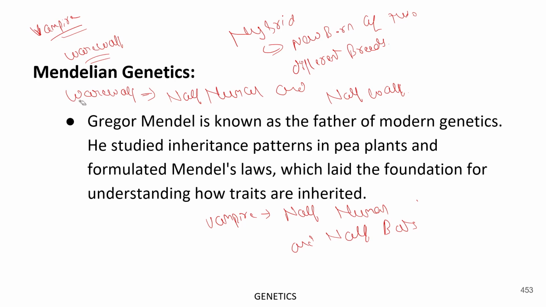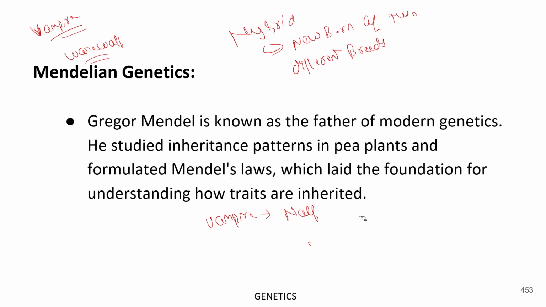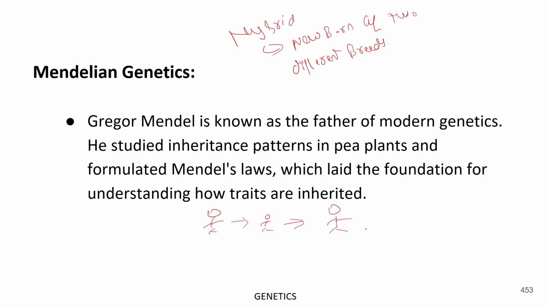Basically, Mendel started hybridizing these things so that he could understand how information passes from one generation to another. Just take an example. If this is a human, how did he make a cross with a bat to give rise to the vampire, and when this vampire gives birth to a new one, that one is also a vampire.